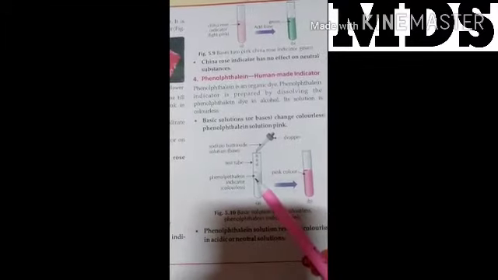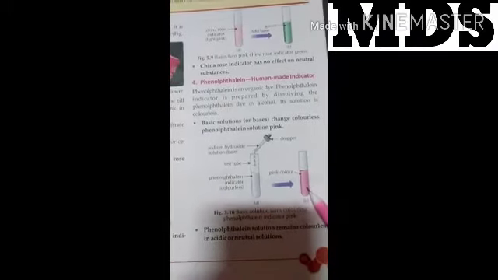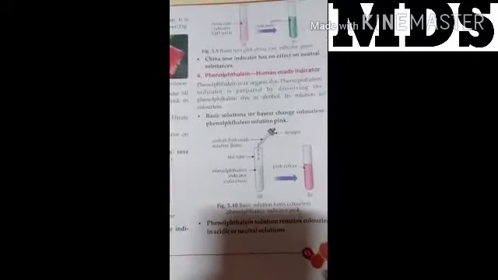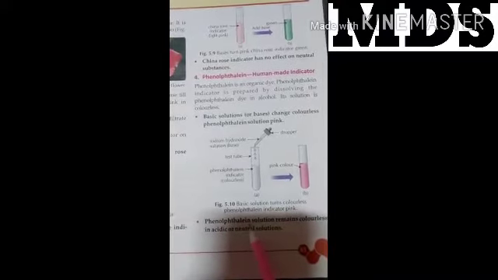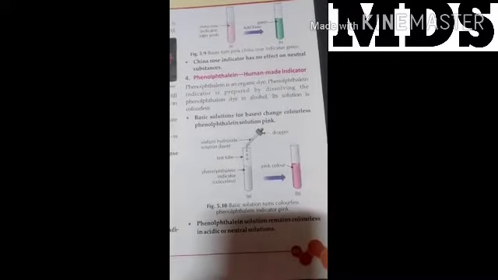There is a colorless solution, and as we add base to this solution, it will be converted into pink in color. That is the basic solution. Phenolphthalein solution remains colorless in acid and neutral substances. There is no effect of acid and neutral substances.